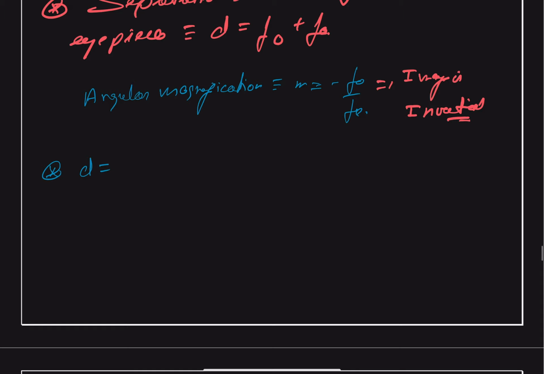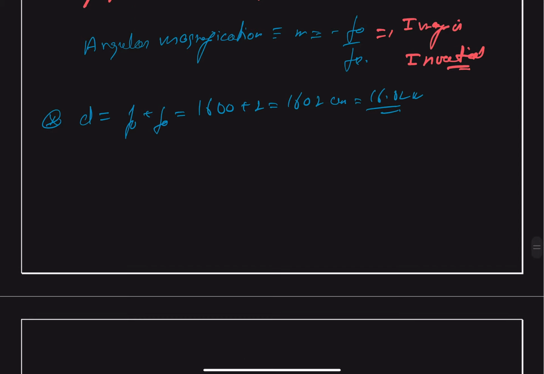So we get D is equal to F_O plus F_E, which is 1600 plus 2, giving us 1602 centimeters, and that is 16.02 meters. And we have to find the angular magnification, that is equal to minus F_O upon F_E.